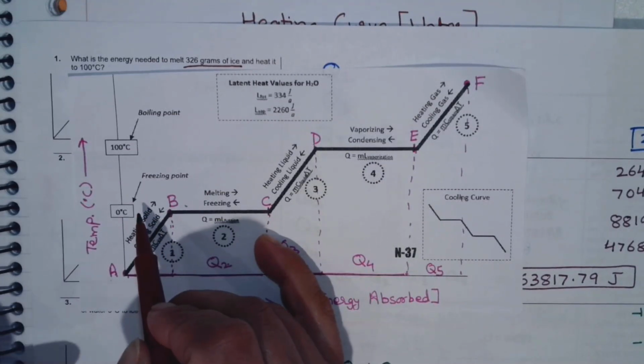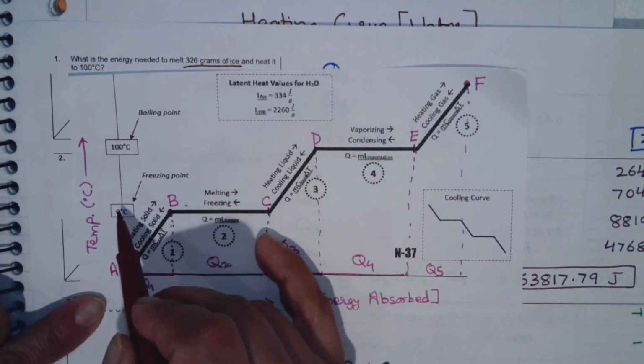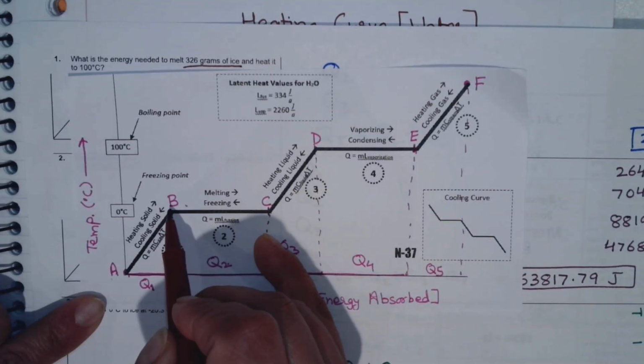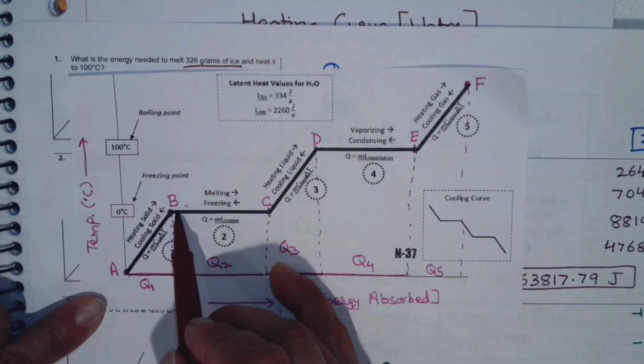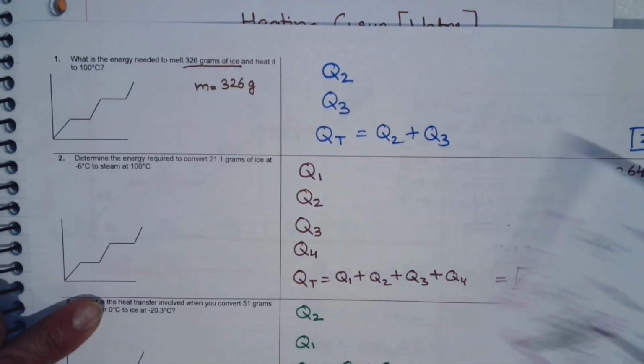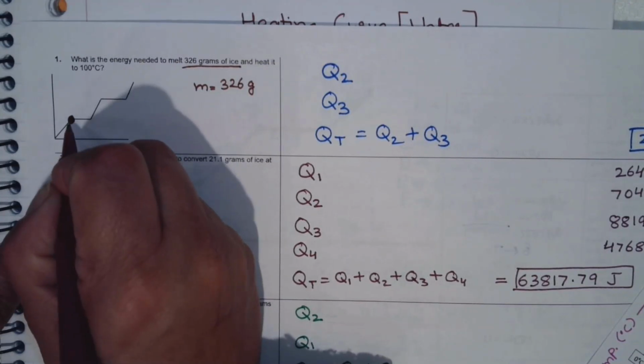If you are not given the temperature of ice, it means we are starting at B, because water turns into ice at 0 degrees Celsius. So the temperature of the ice is taken as 0 degrees Celsius. So we are starting at point B. You will label point B. This is where you are starting.